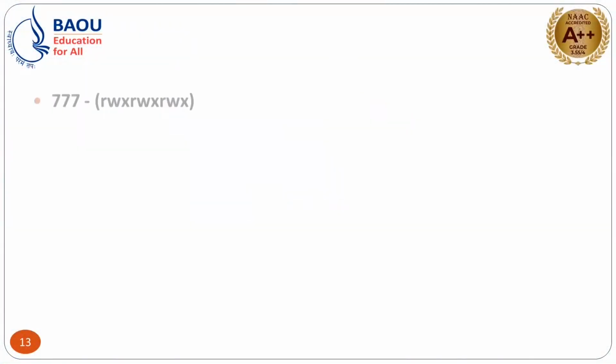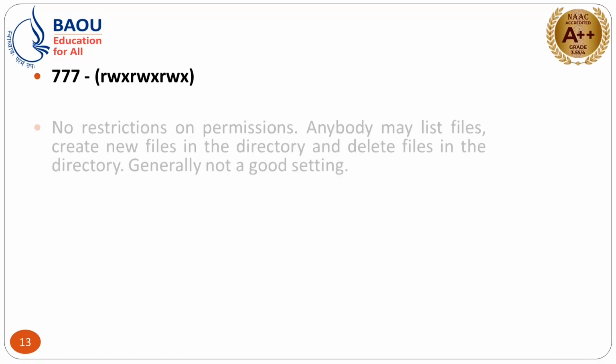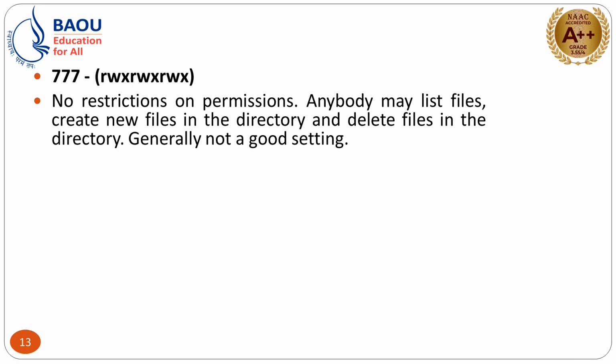Now you can see the example 777 that we mentioned in the previous file sessions. So what is the meaning of 777? No restrictions, so this is not a good choice. Anybody may list the files, anybody can create a file, anybody can delete a file.